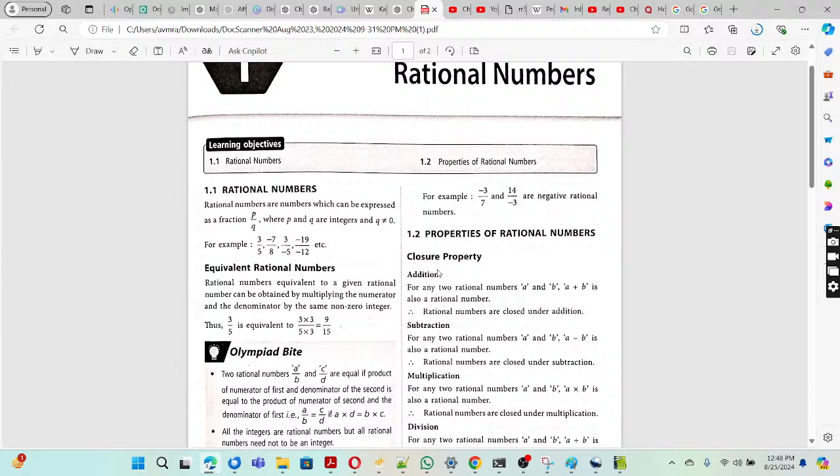If you multiply the same number with the top and bottom, then for 3 by 5 you will get 9 by 15. If you simplify this, 3 into 3 and 3 into 5, the 3 and 3 will be removed, and ultimately the result will be 3 by 5. Such rational numbers are called equivalent rational numbers.